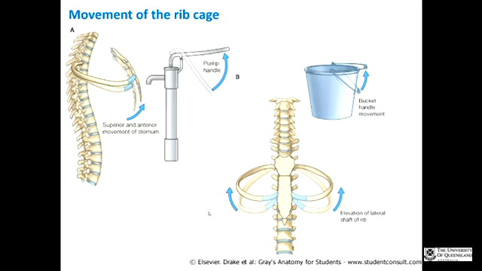And of course, the movement of the rib cage reflects back to an earlier lecture where we were thinking about both the pump handle mechanism and the bucket handle mechanism.